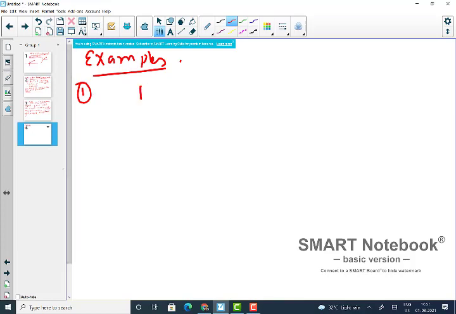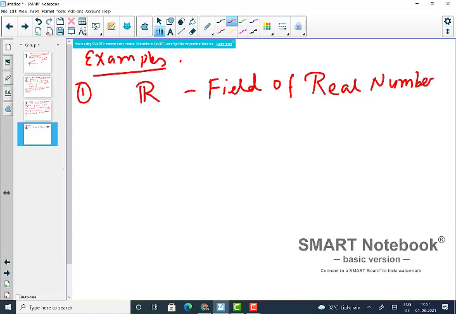For example, you just take R, which is the field of real numbers, and then you choose a vector space V, say n copies of R. You can choose any field here. I'm just giving an example, and then you see that this V forms a vector space over R.